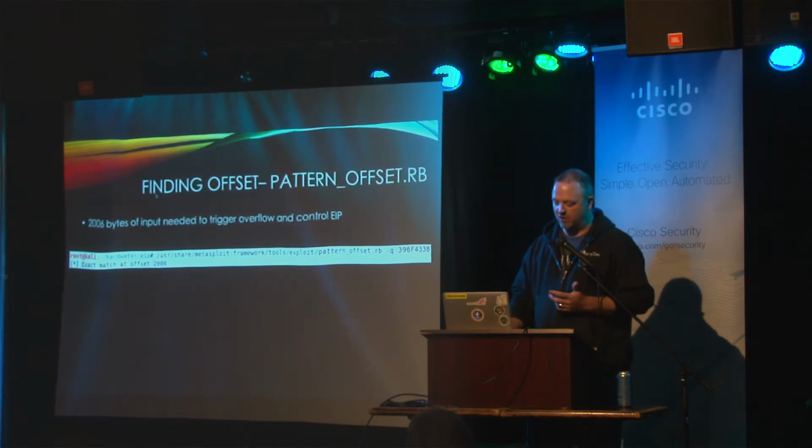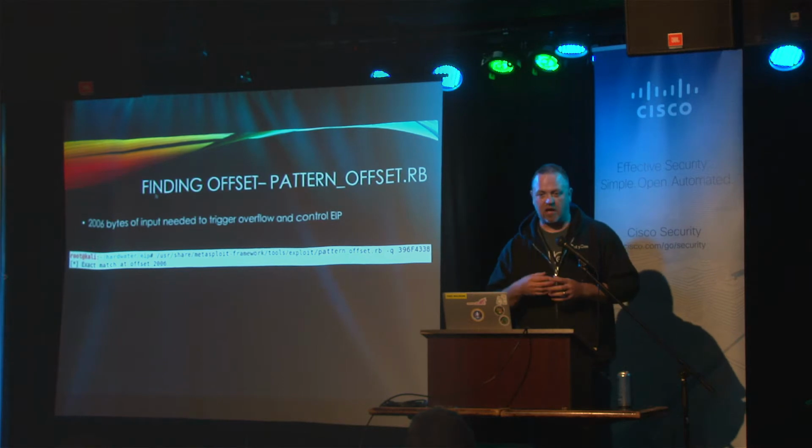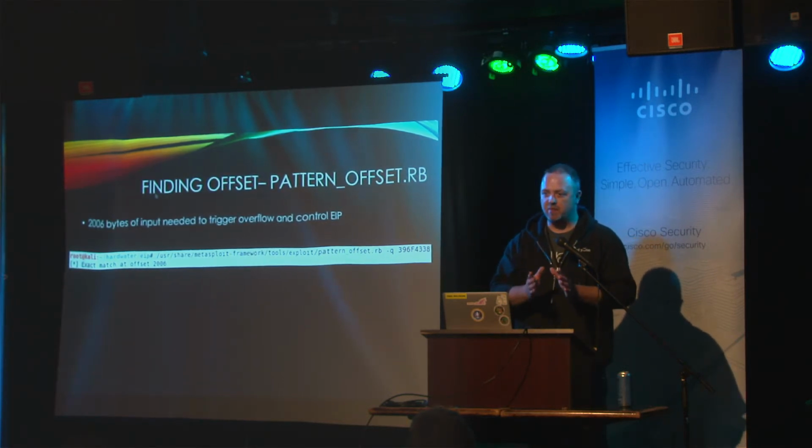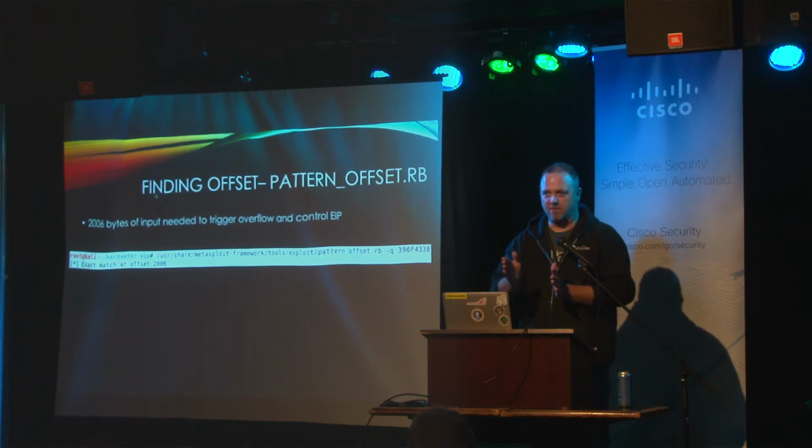So we give it pattern offset -q 396F4338, and it tells us the exact match at offset 2006. That means it took 2006 bytes of data in our argument to the TRUN command before we got to the first byte of the return address.